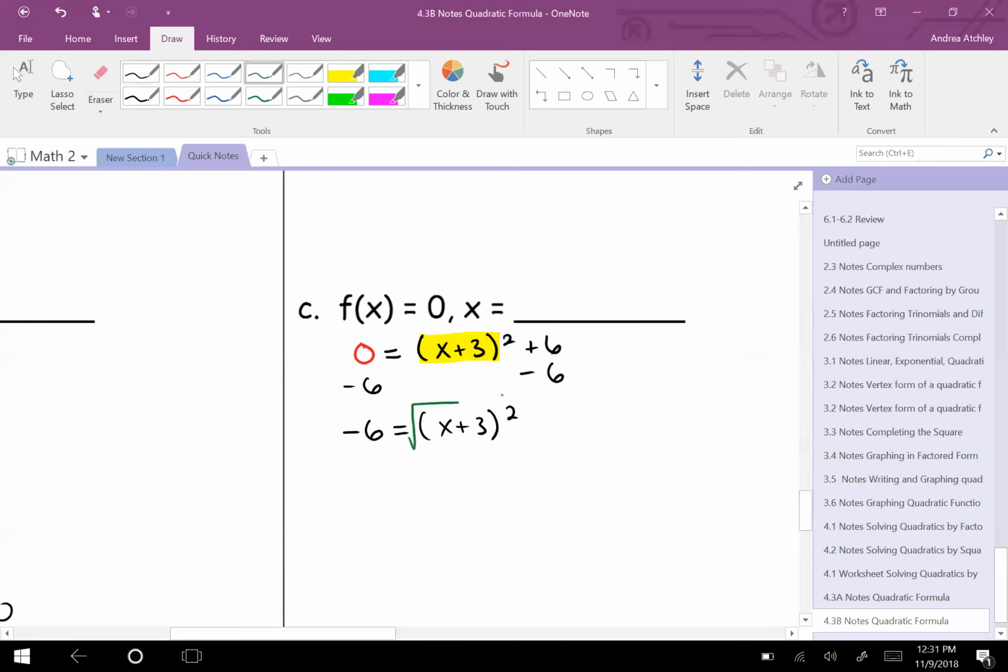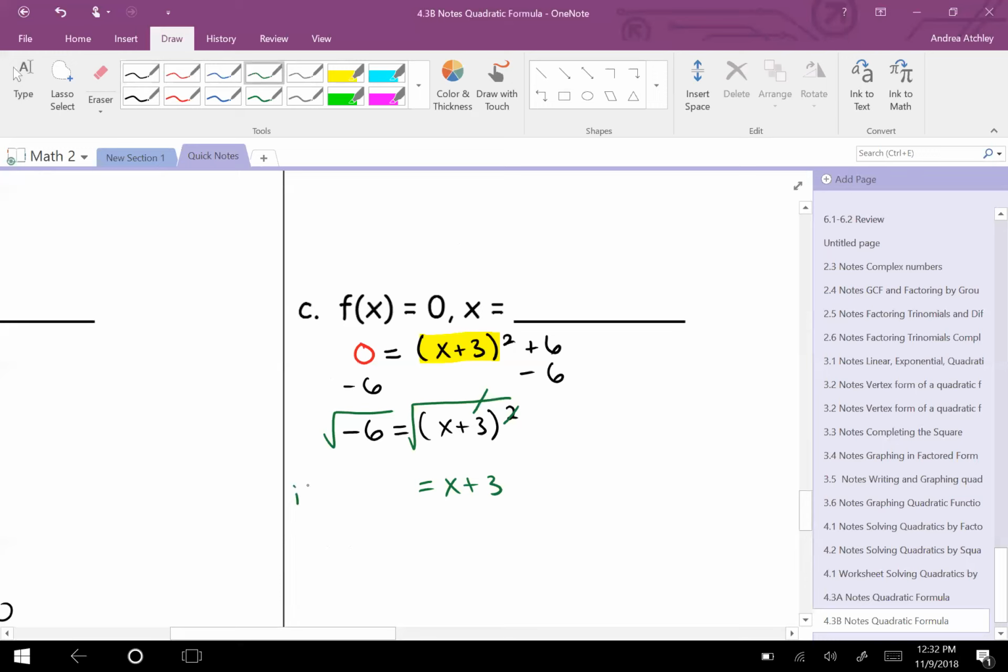Now I can square root this. When I square root the squared thing, it just becomes x plus 3. The square root of negative 6, it's going to have an i. It's imaginary.